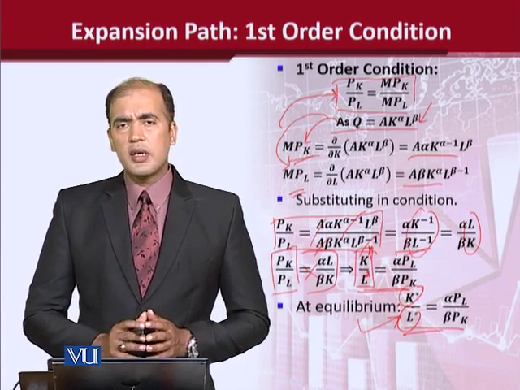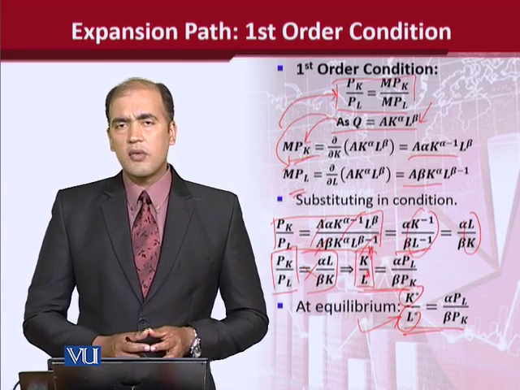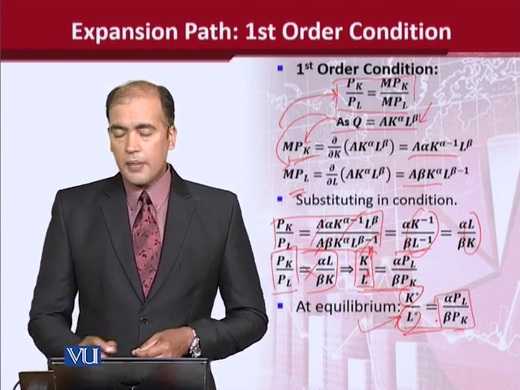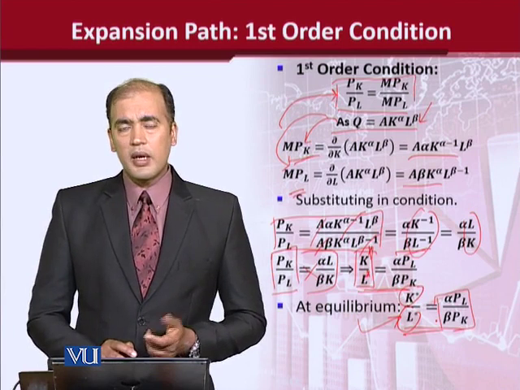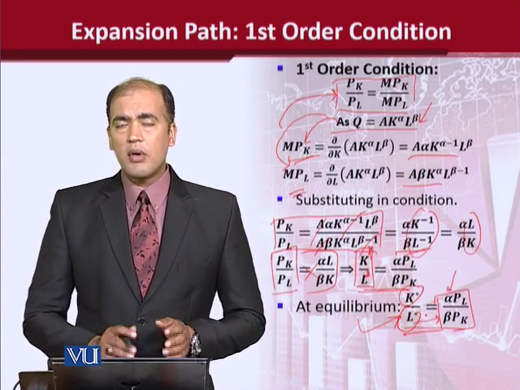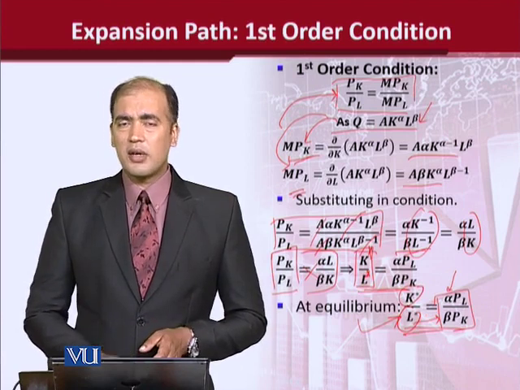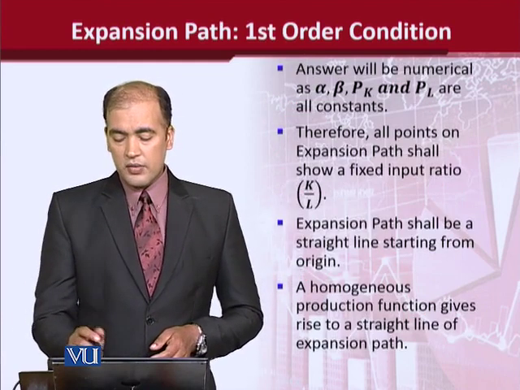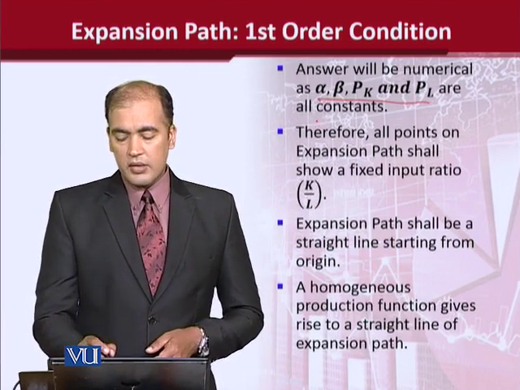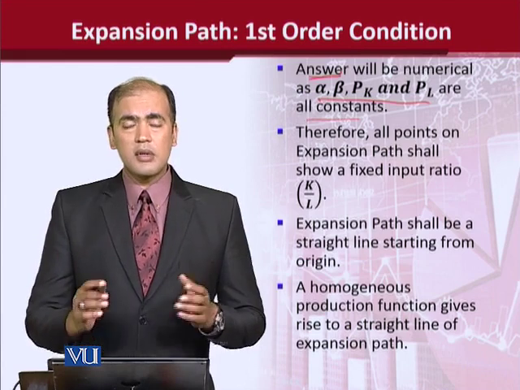So in this way, the answer that we are likely to get for this least cost combination is going to be a constant. Why? Because alpha is a constant, beta is a constant, and we have already assumed that the prices are not changing. Therefore, if we assume that all of these are positive, we are going to get a positive, constant answer.